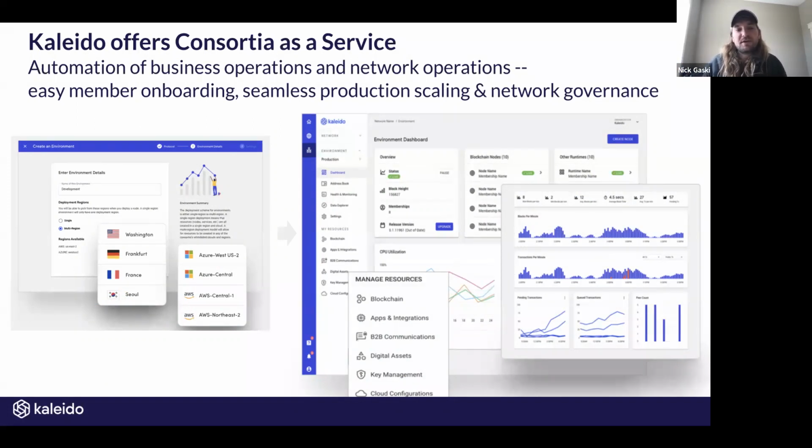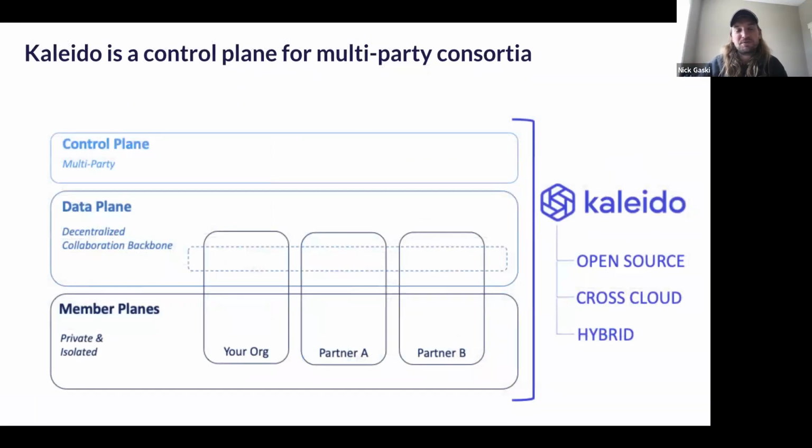As you use the product, you'll see really rich metrics and monitoring and data explorers so that all different types of users can very easily extract any of the information that they might need in the platform. So the best way to think about it is, yes, blockchain as a service, yes, digital transformation platform, yes, consortia as a service, sort of all things blockchain.